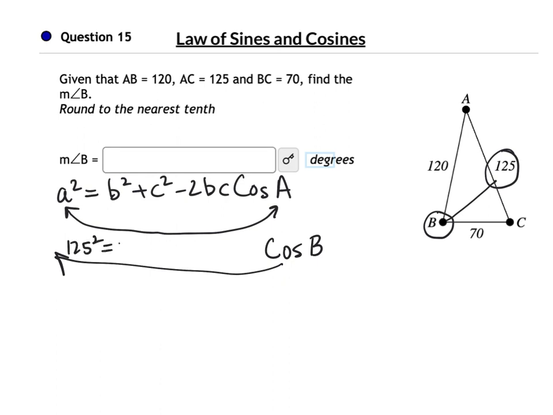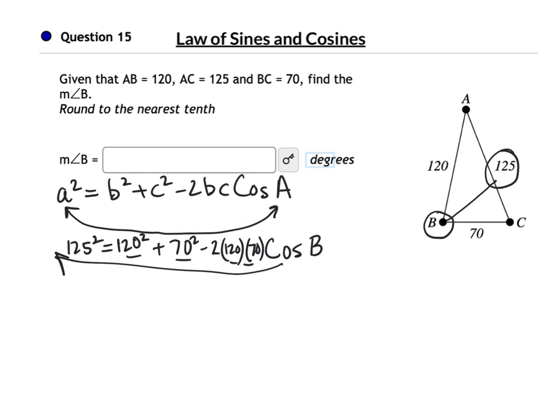That will equal the other two sides squared, summed together, minus 2 times 120 times 70. These two repeat right here and here. Cosine of the angle we're looking for. We're looking for an angle, so we're going to end up using the inverse cosine at some point. We first need to work some of this out.